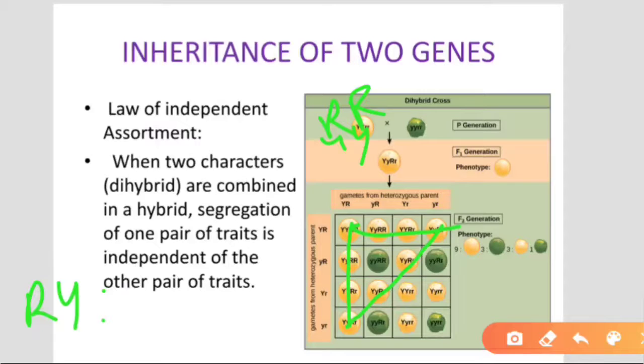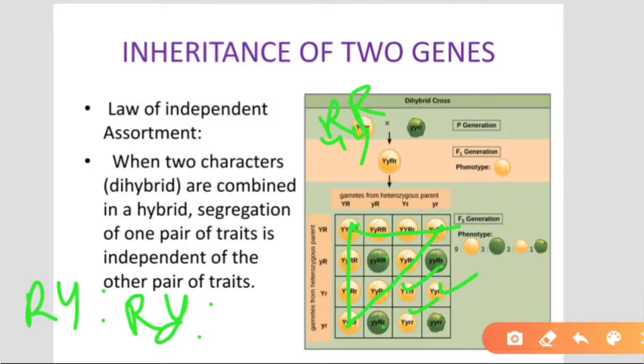These have capital R, capital Y. Count 1, 2, 3, these will be 9. These are 9. And these green ones, you can see, are round but green seed, that means recessive y. Then the ratio you can count, 1, 2, 3.